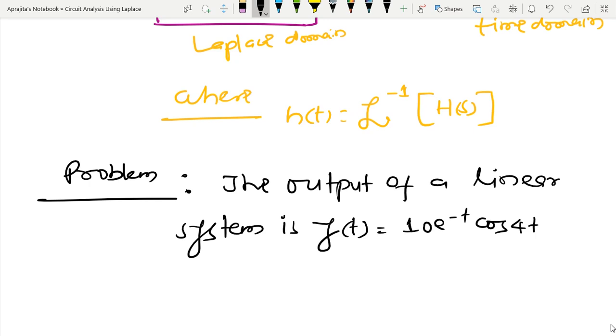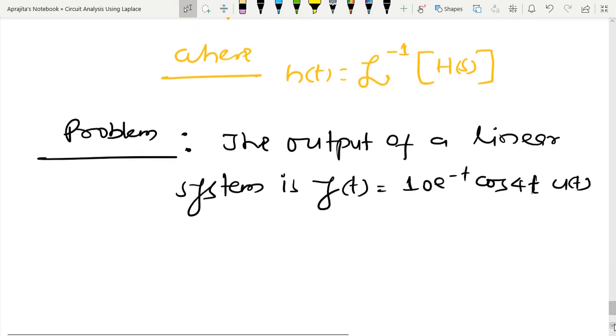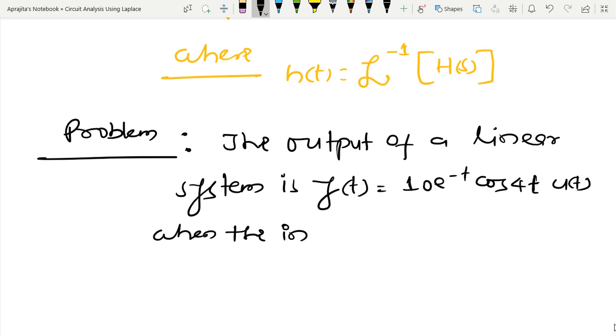10 e to the power minus t cos 4t u(t), where u(t) is the unit step function, when the input is x(t), of this form, e to the power minus t u(t).